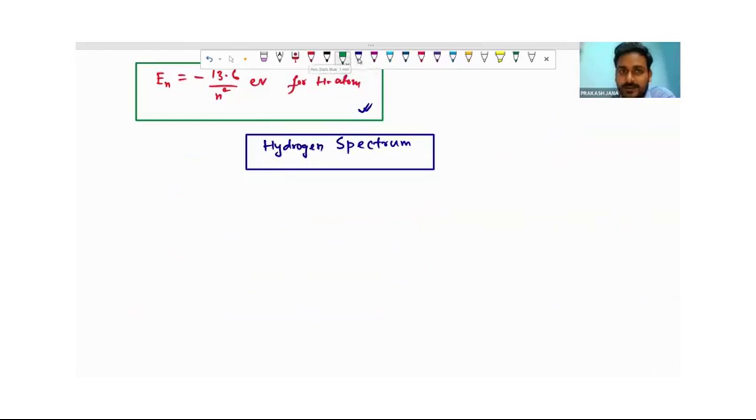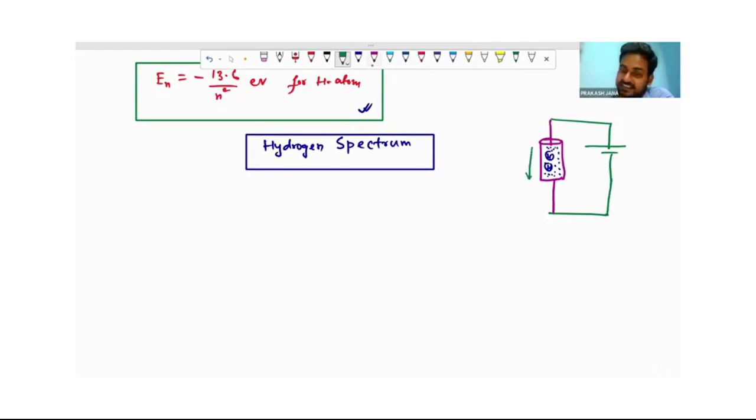See, suppose you take a cylinder, and somehow lots of hydrogen gas is inside this cylinder, and some high potential is applied. Okay, what will happen?